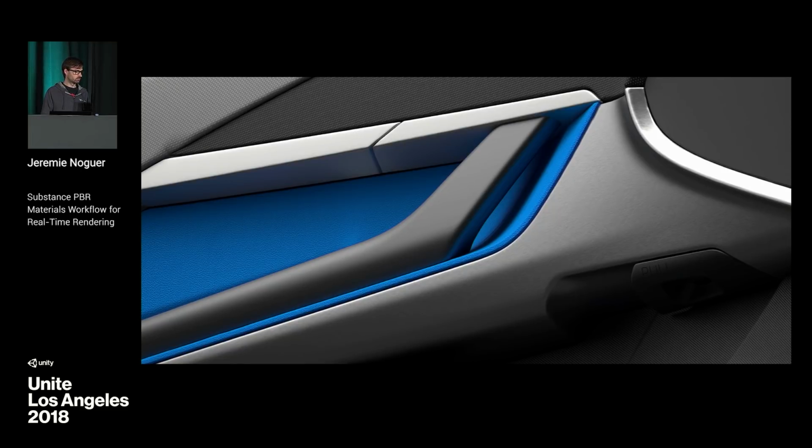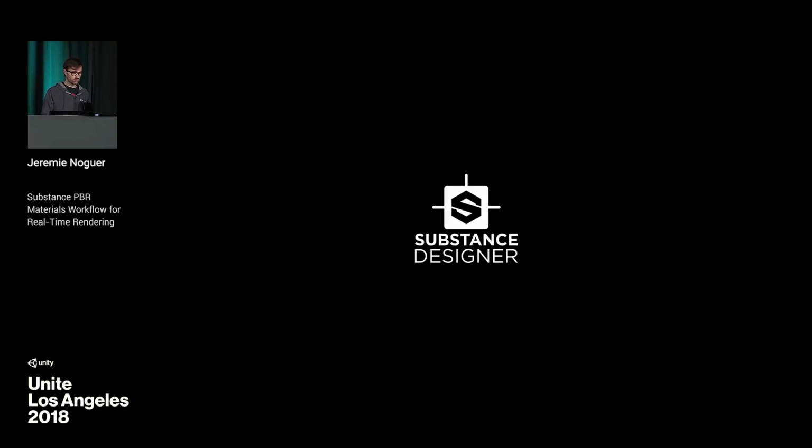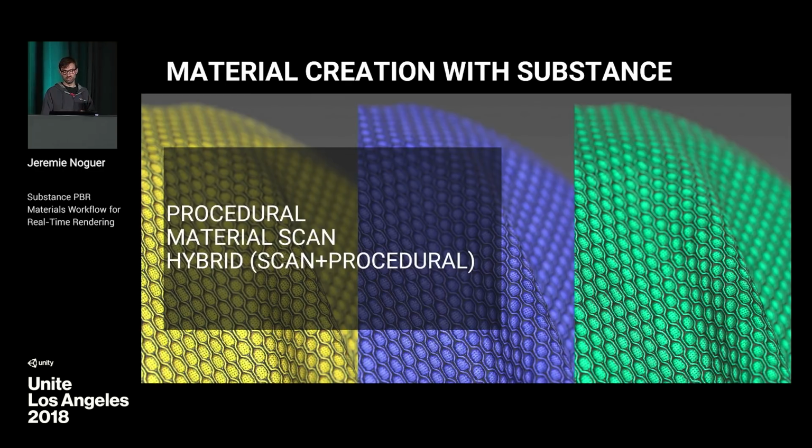And these are some interesting variations of different fabrics, different plastics, different metals. So Substance Designer, as I said, allows you to create materials that are procedural, but it also allows you to create materials based on scan data. We built a whole set of nodes and tools to go from very simple scan data.